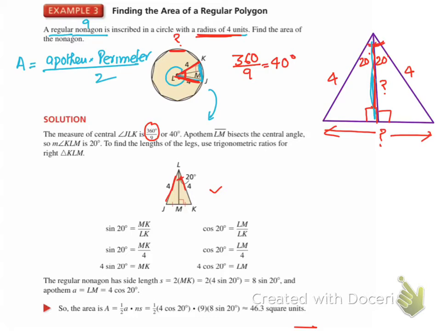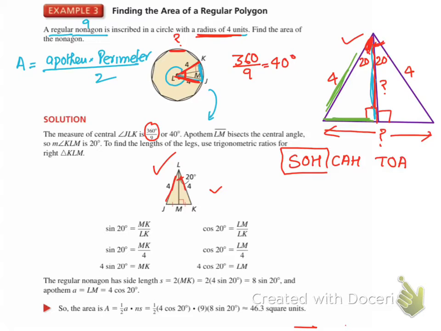If I'm taking sine of 20 degrees, remember SOH CAH TOA. Sine is opposite over hypotenuse. For sine 20, this figure I've drawn here, you can compare it. Sine 20: opposite is this, and hypotenuse is this.